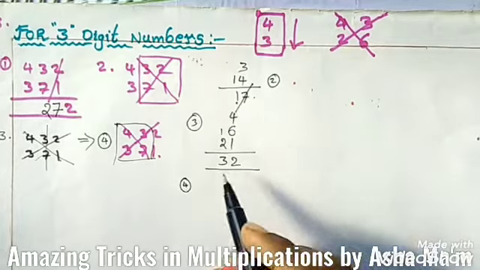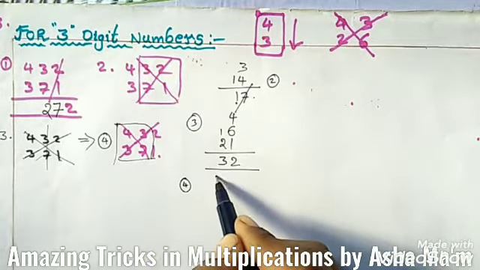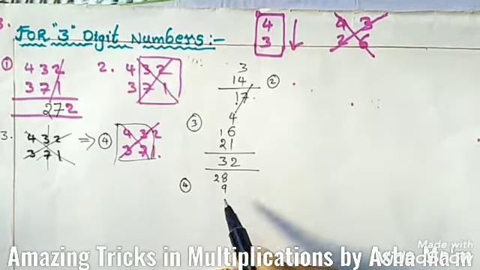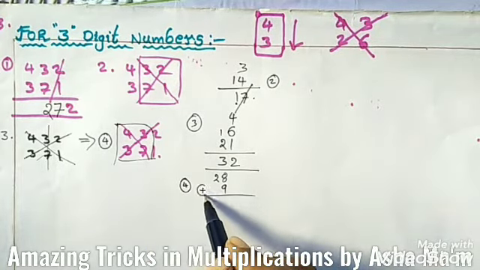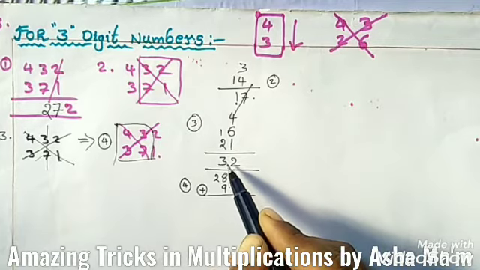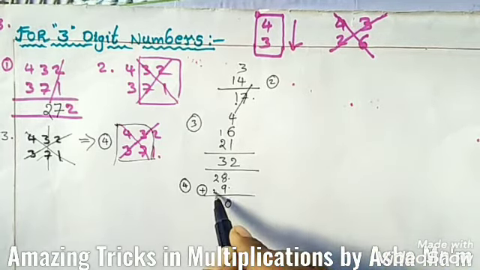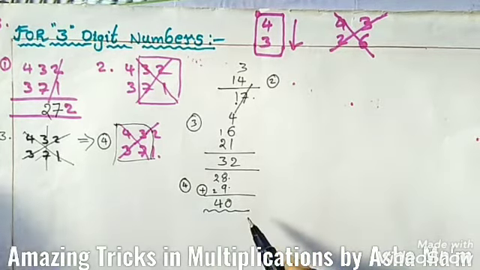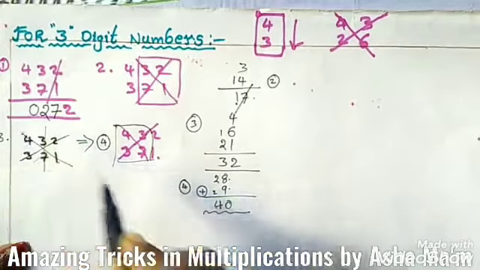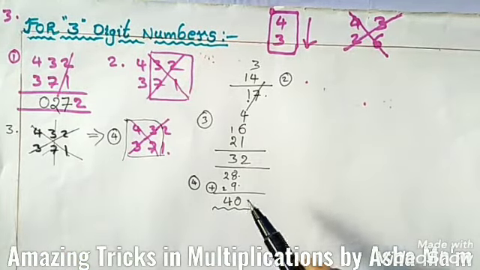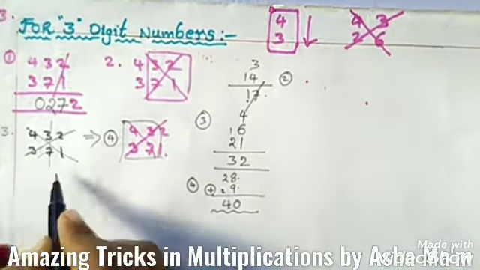So let us see now. 4 sevens 28, 3 threes 9. So you can add these numbers. 8 plus 9 17, 17 plus 3 20. These two should be here, then 4. So 40 is the answer. Here you have to take 0 and 4 should be carried forward. And let us see number 5.